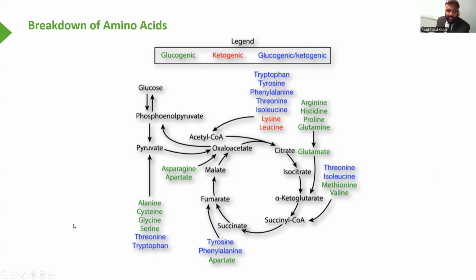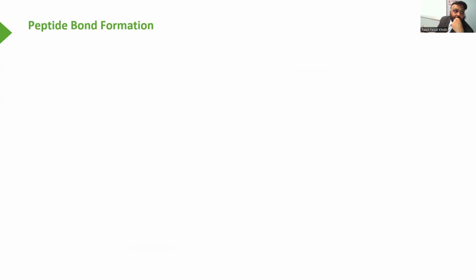And you can see here, there are pathways that convert alanine, cysteine, glycine, all amino acids, into pyruvate. So there is a direct link between breaking down the amino acids and bringing them into the Krebs cycle.